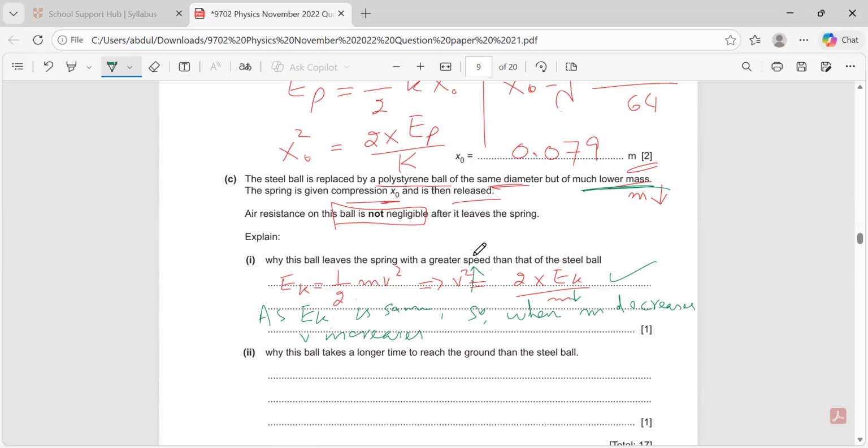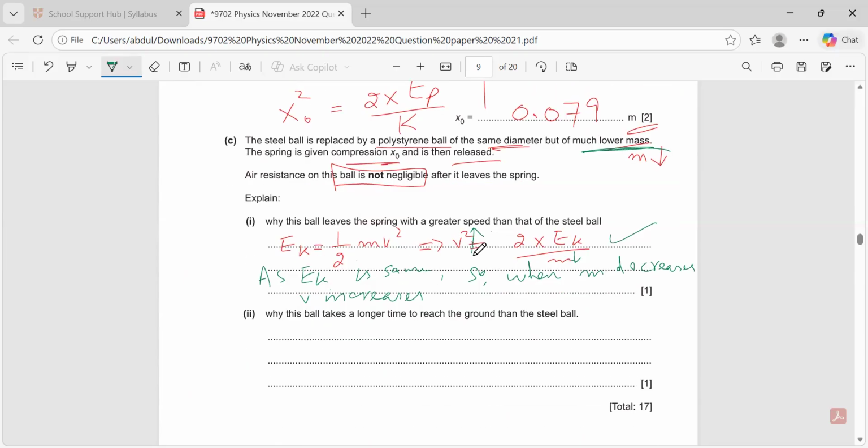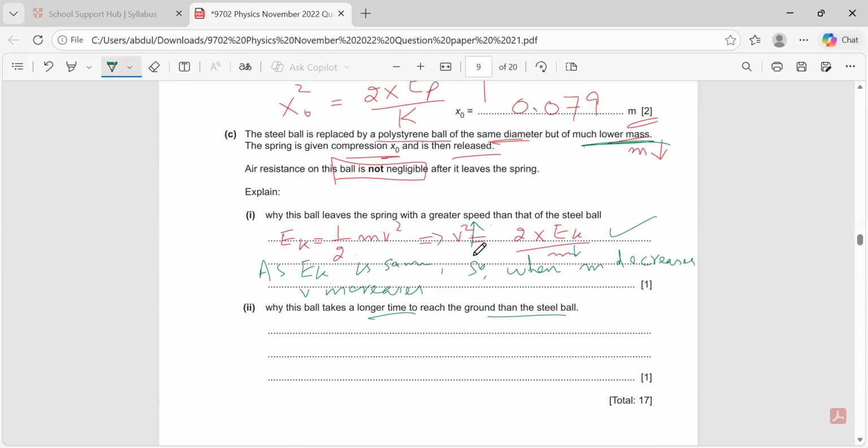So using the equation for kinetic energy, we make speed the subject, and v squared is equal to 2 times Ek over m. And now you can see, as kinetic energy is same, speed is inversely proportional to mass. I have not converted v squared, let it be as it is, not a problem. So as the mass is decreased, speed will be increased.